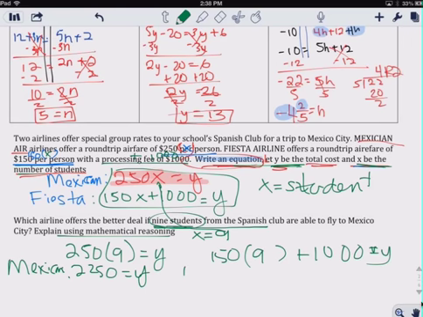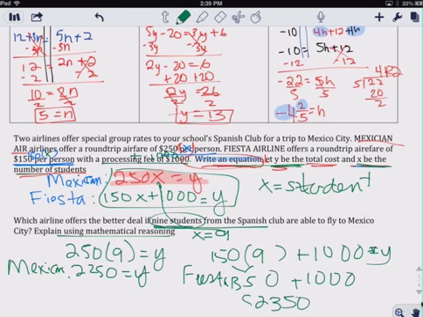The Fiesta, this here would be 0.45 carry 4 plus $1,000. Okay, so here Fiesta costs you $2,350 for the total cost.